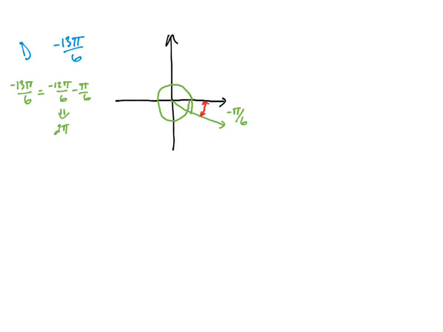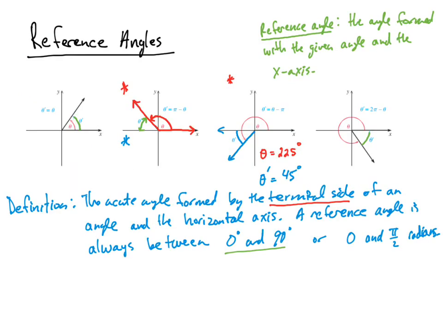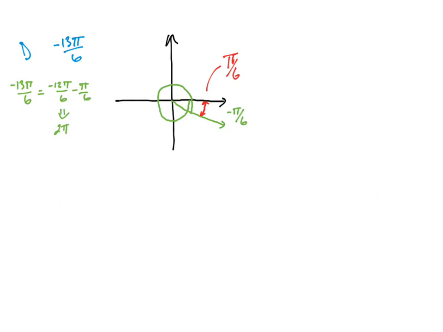So the reference angle here is going to be pi over 6. And it's not negative pi over 6 because if we go back to our definition, the reference angle is always between 0 and pi over 2. In other words, it's always positive. So that's why this reference angle is going to be positive pi over 6.